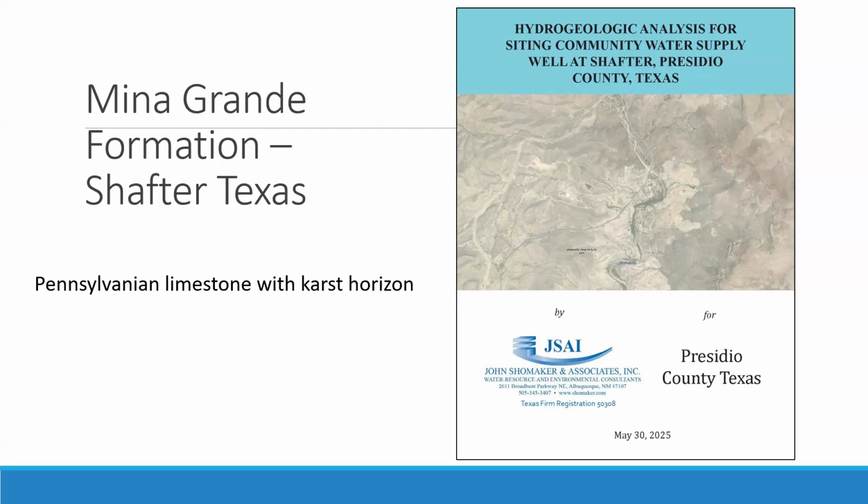So there were several exempt wells, domestic, whatever you want to call them, that were drilled for some landowners here. And they went into the upper Cretaceous, and it was just marl and a bunch of junk, and there was nothing there. Really, it spit out like a quarter of a gallon a minute. But if they had only gone twice as deep, they would have hit the pay zone.